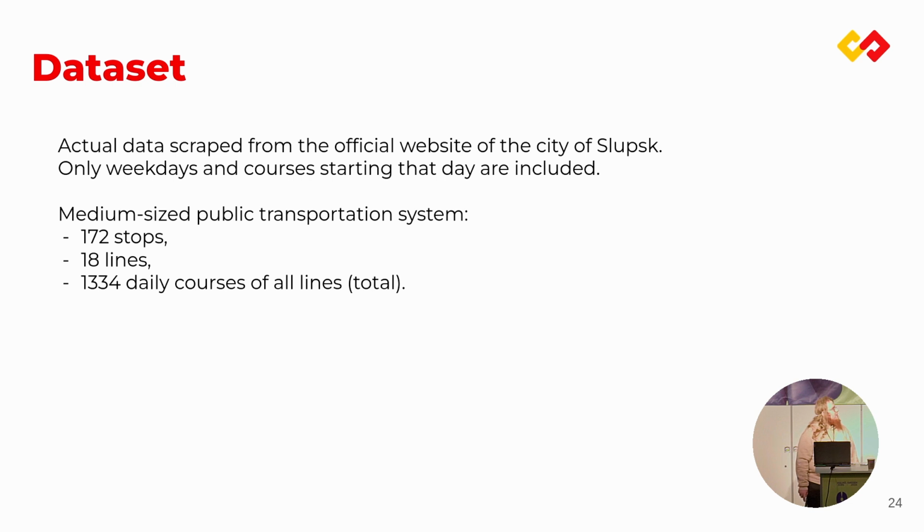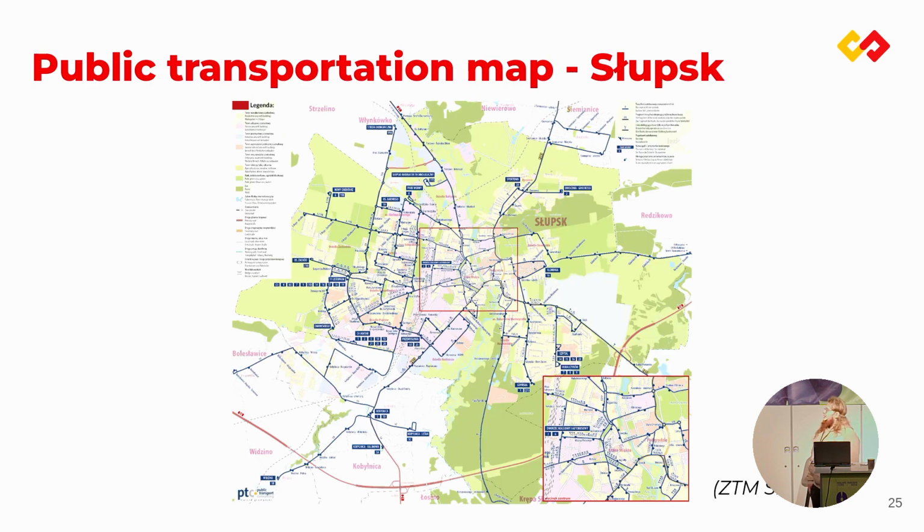I've scraped only weekdays just to simplify our problem, but it wouldn't be much harder to include all of the Saturdays and Sundays. That's how it looks like. It's mostly included in the city center, but there are some single stops at the suburbs, and we'll try to model it and find the best routes between some of the stops.